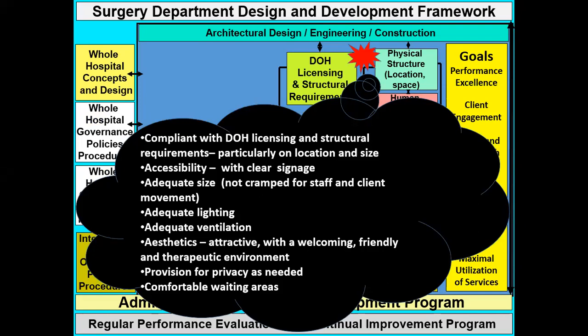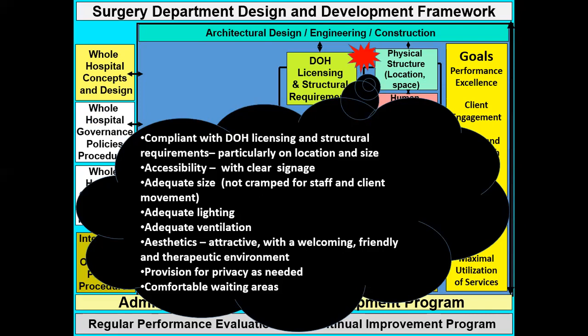The physical structure of the department service areas must be compliant with the Ministry of Health or Department of Health licensing and structural requirements, particularly on the location and the size. Specifically, they must comply with the following. Number one, accessibility with clear signage.